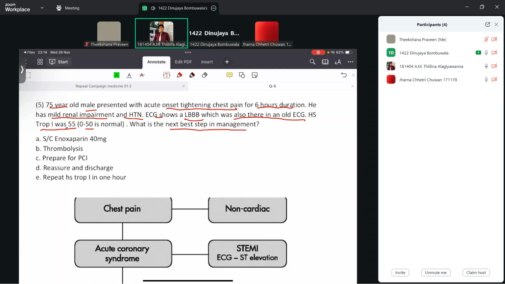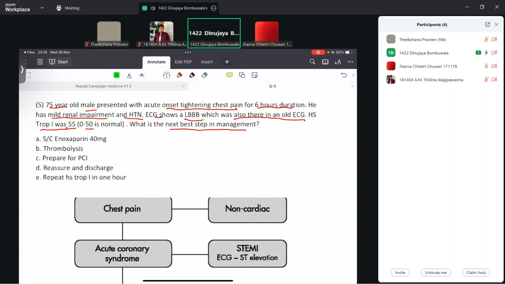The answer which was taken in another discussion, I'm not much sure about it, but how I'm thinking is: if a patient presents with chest pain and we are sure the clinical picture is suggestive of acute coronary syndrome, we do an ECG and troponin levels.